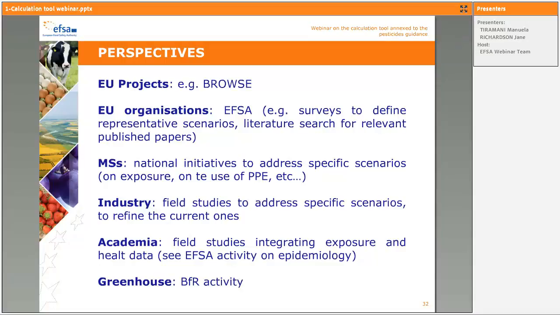We know that also at member state level and companies are taking initiatives to fill some of the data gaps. And also we intend to integrate field studies from published studies in the activity. And also BfR is working practically with greenhouse exposure.